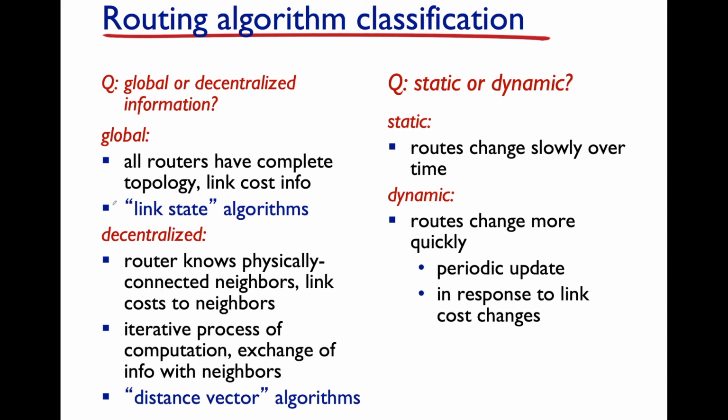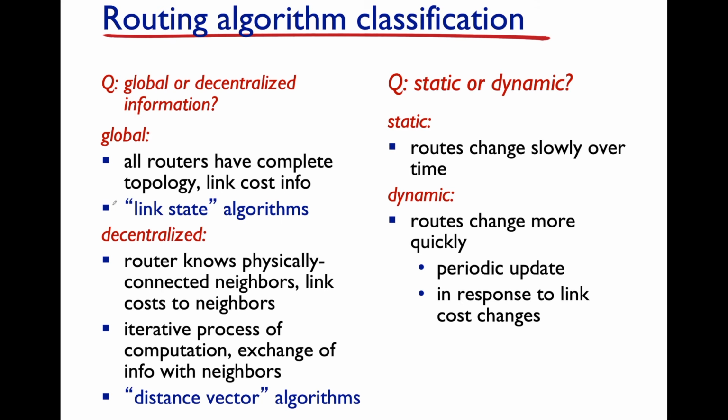Then there's another one that's decentralized, so-called distance vector routing algorithms. Each router's routing algorithm exchanges local information about the links they are connected to with their neighbors. And of course, if neighbors are connected to other neighbors, eventually all of this local link cost information washes across the network.